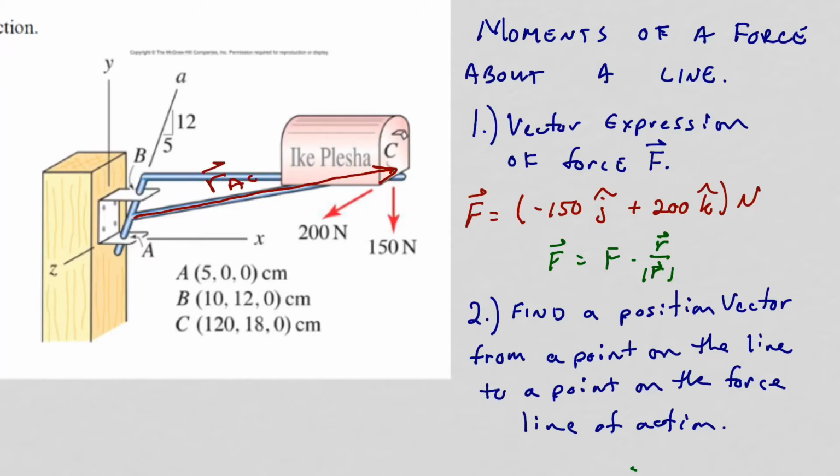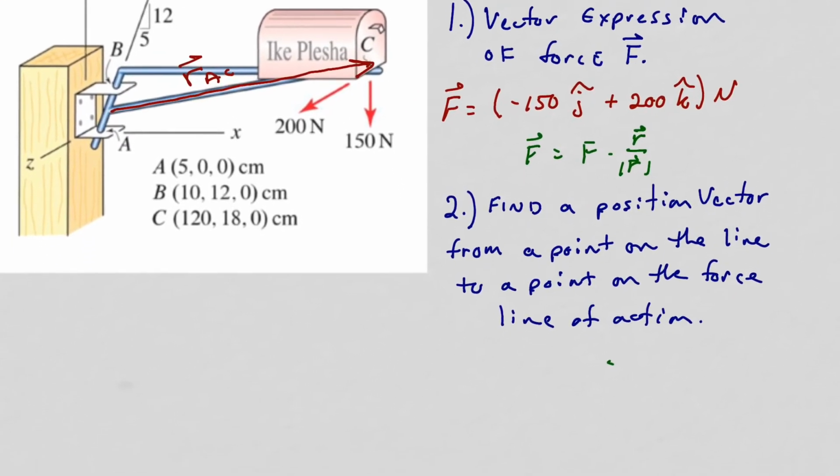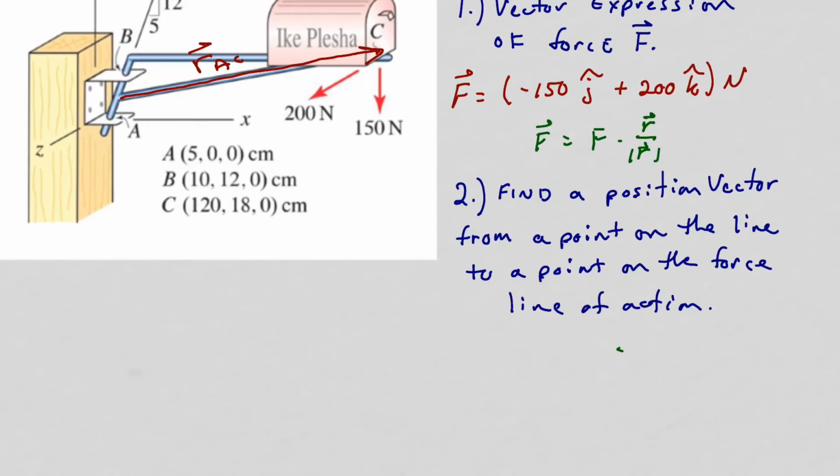We are nicely given these points A, B, C, so it makes it easy for us to find our position vector. Position vector r_AC is equal to the head minus the tail.